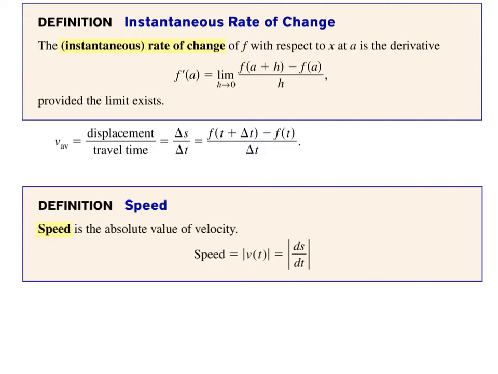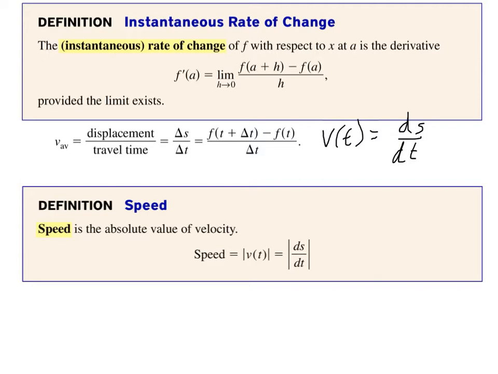So thinking about that, instantaneous rate of change, also known as velocity, could just be described this way: v of t is equal to ds over dt. So that's another way to look at it.